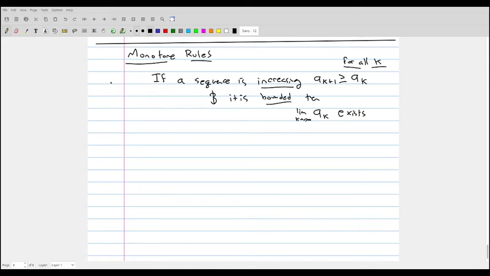I'm not going to prove this, but it directly comes from the definition of a sequence and the property of increasing and bounded.